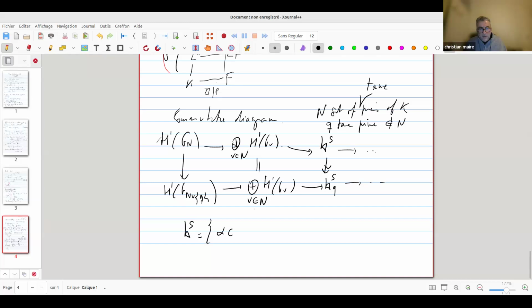It's the alpha in K star such that the valuation of alpha is zero modulo P for V in S. So in a certain sense, it's the S unit. You have to add the S unit. And the BSQ is the same as before.